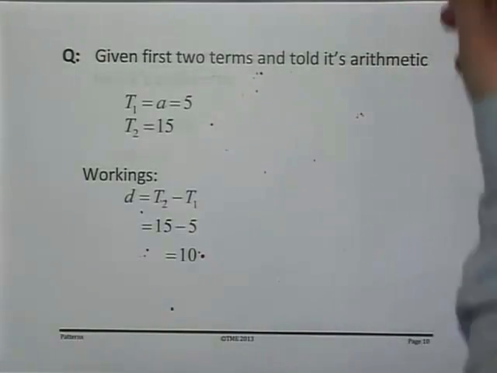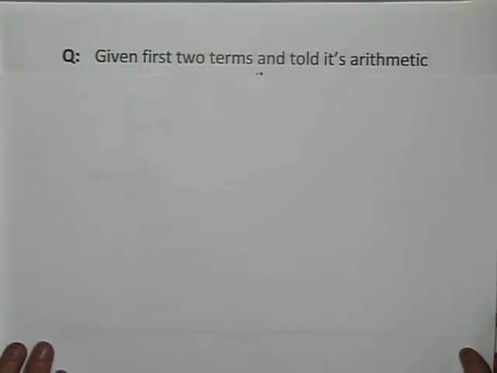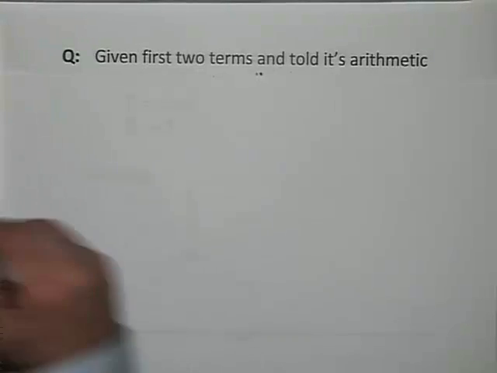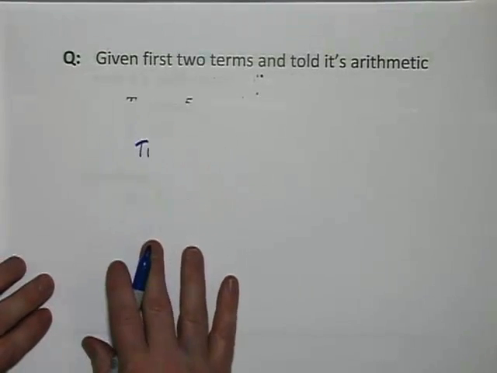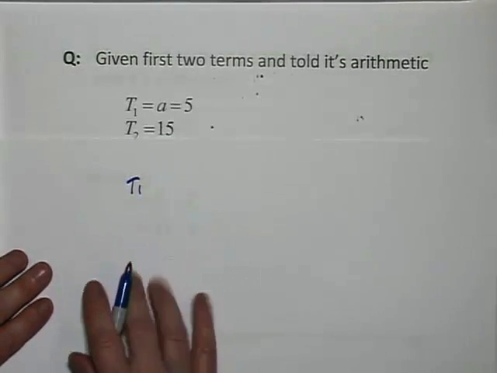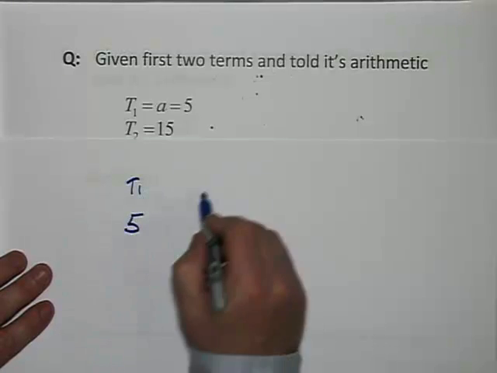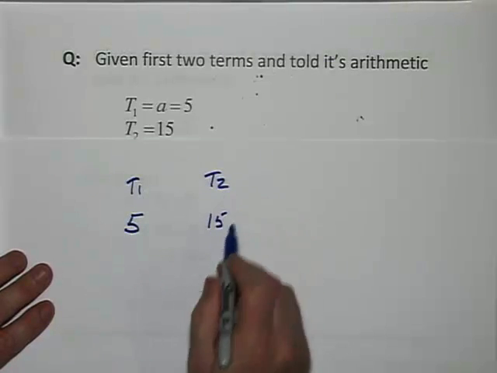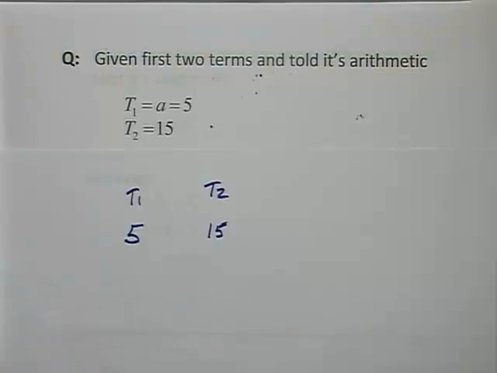So this is the first question. You're told the first two terms and you're told it's arithmetic. That's all you're given. So you're told that T1, A, is 5 and T2 is 15. Can you work out the equations at this stage? What else are you told? You're told it's arithmetic.